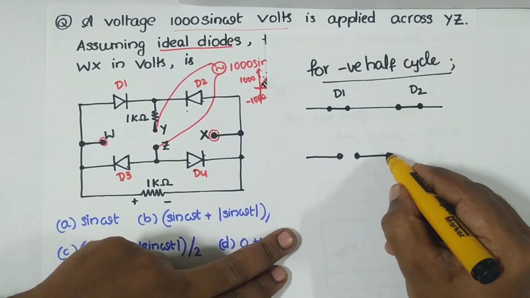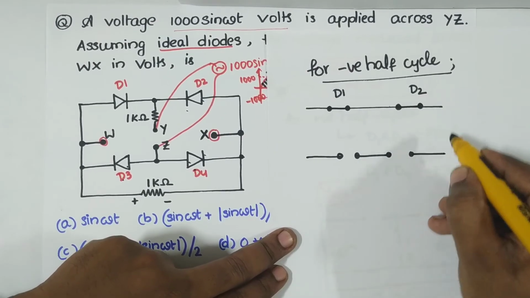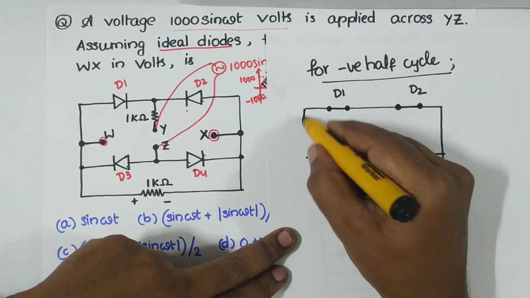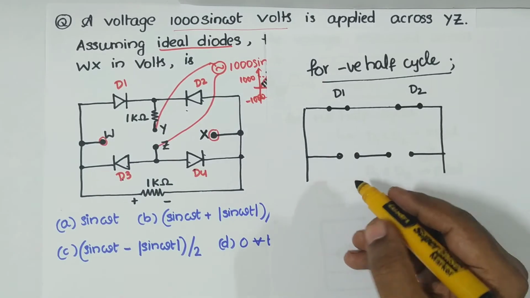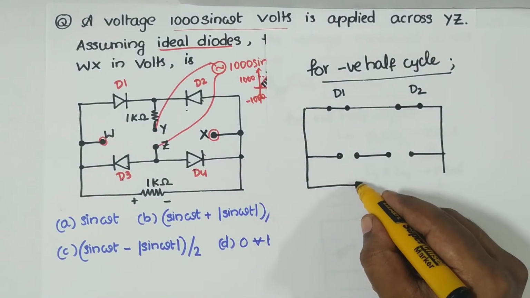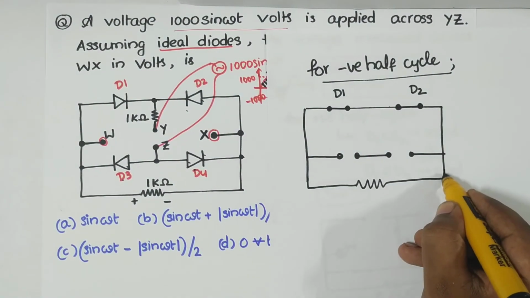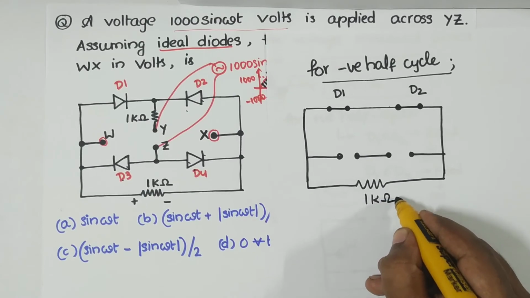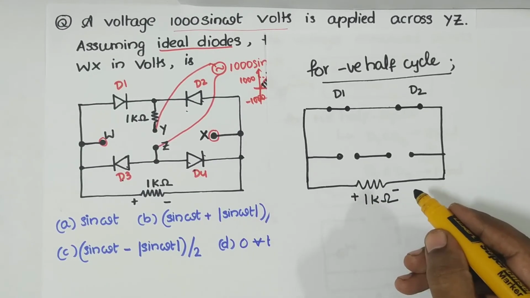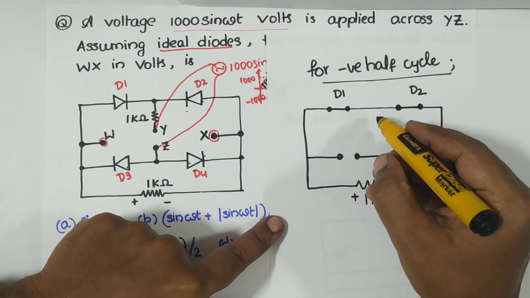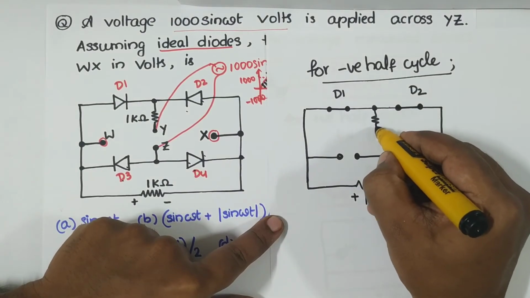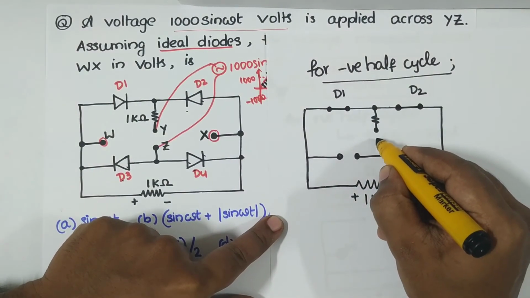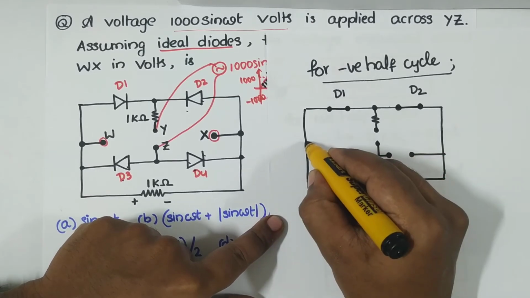Now D3 and D4 are reverse biased. So I can redraw my circuit like this. You have the 1 kilo ohm resistor, and you have YZ. Now what is our interest here?